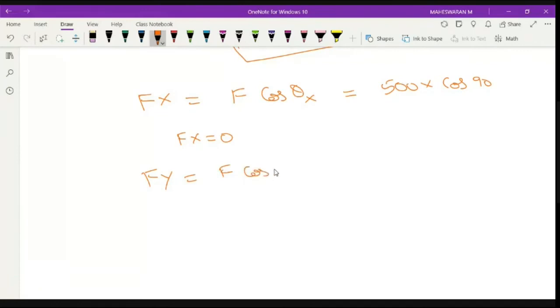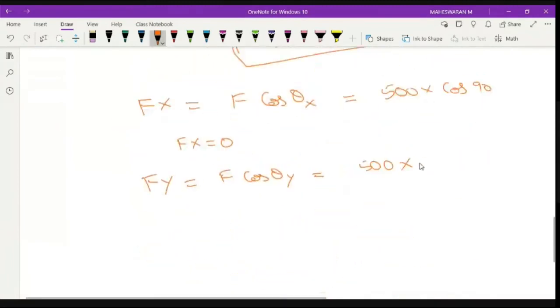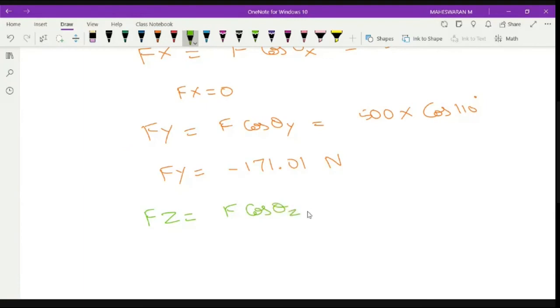F cos theta y, which is 500 into cos theta y. What is your cos theta y? Theta y is 110, so cos 110 degree. What is your Fy? You are getting minus 171.01 Newton.